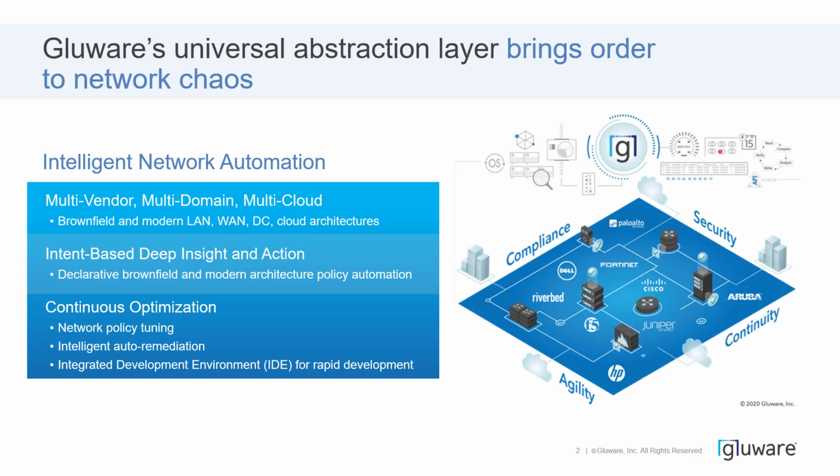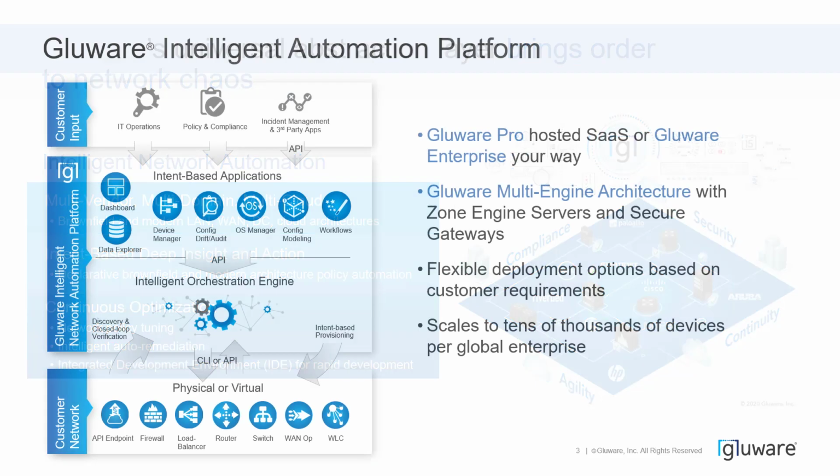And the last point on the left-hand side is that, beyond the application suite that we deliver, which I'm going to talk about in just a few minutes, we also deliver an IDE, an integrated development environment called Gluware Lab, that Gluware uses, but also our partners and even our advanced customers use to customize Gluware to even some of the most unique use cases. So we'll talk about that as well.